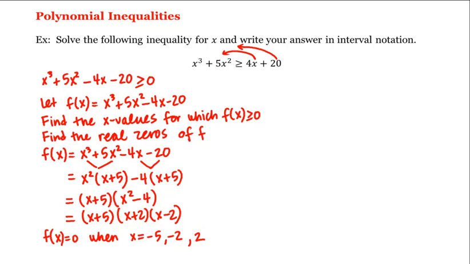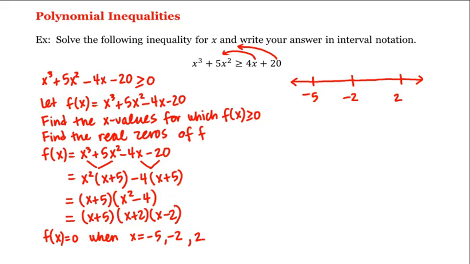And these real zeros will partition the real number line into 4 intervals. So let's say this is negative 5, this is negative 2, and this is positive 2.